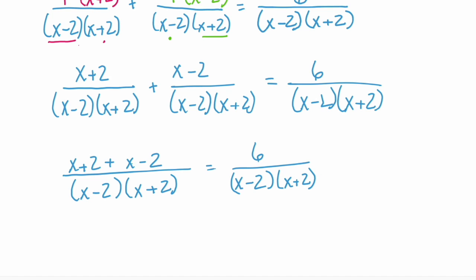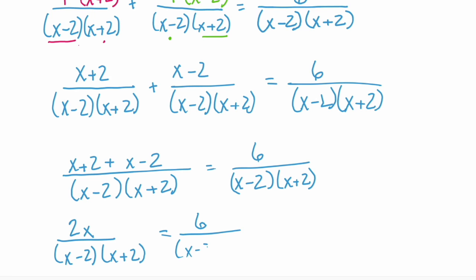And then we combine those like terms. So the x plus the x gives us 2x, and 2 minus 2, they cancel each other out. So we have 2x over x minus 2 times x plus 2 equals 6 over x minus 2 times x plus 2.